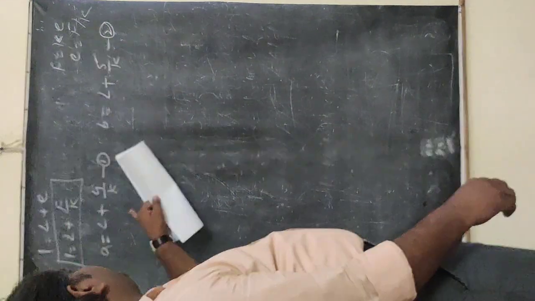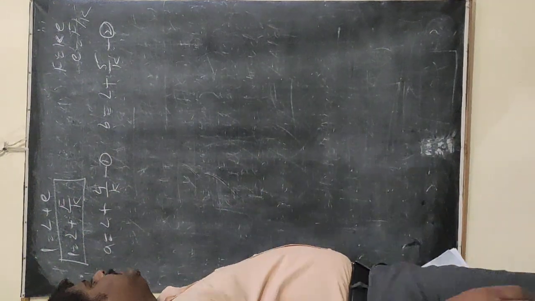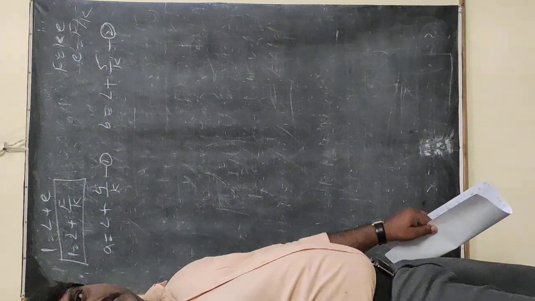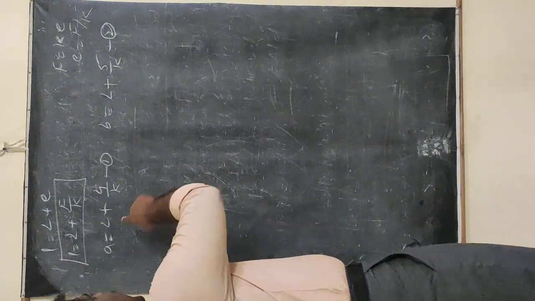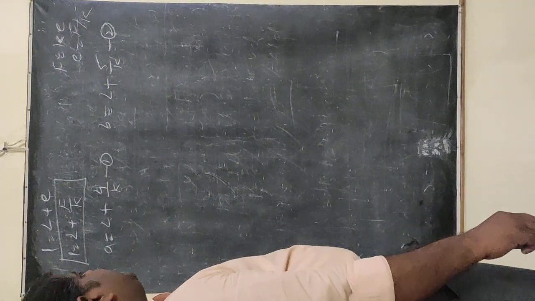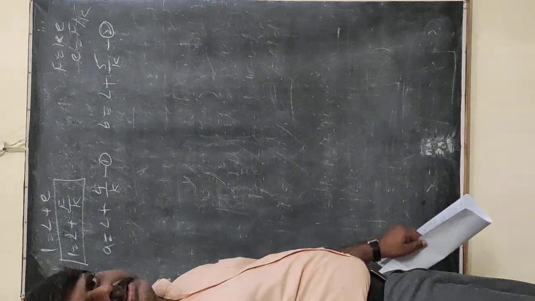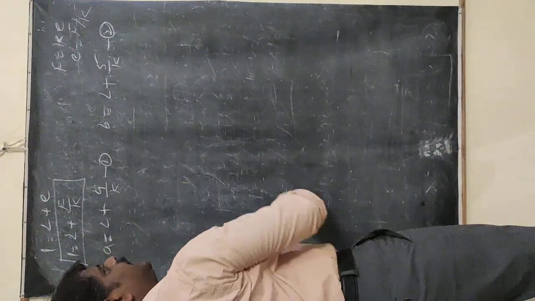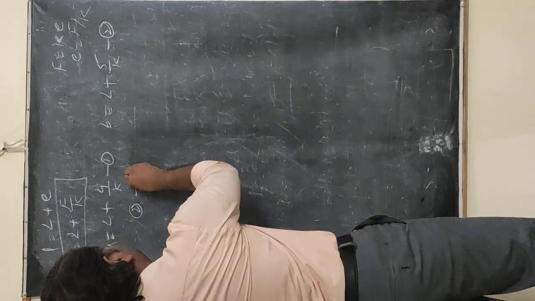First we find the K value. If I want to find the K value, L should be cancelled. To cancel L, I do the second equation minus the first equation, 2 minus 1.